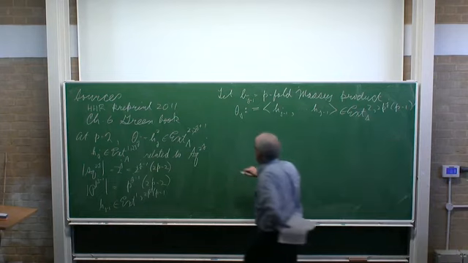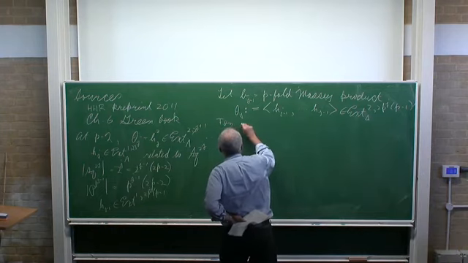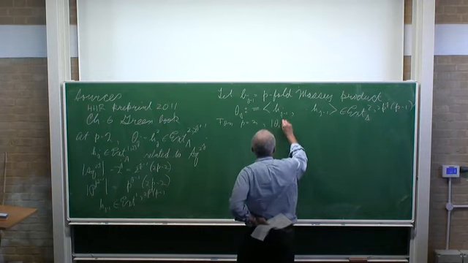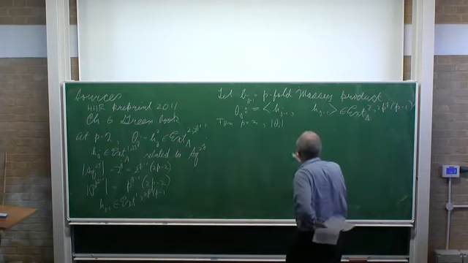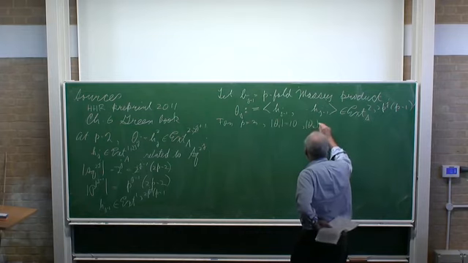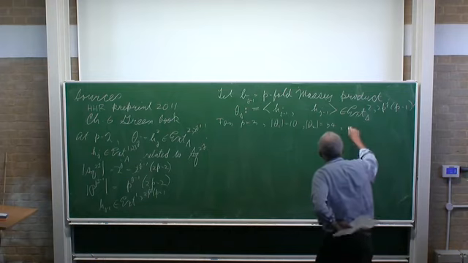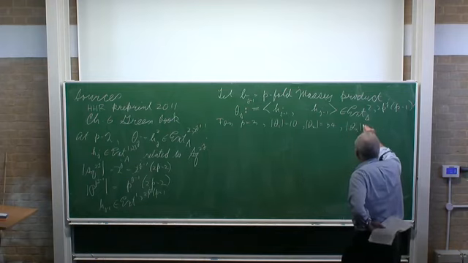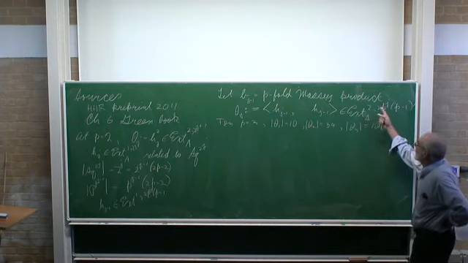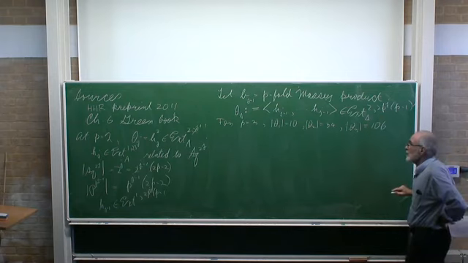Now, for p equals 3, the dimension of theta 1 works out to be 10. Theta 2 is 34. Theta 3 is 106. So in each case, I'm taking the difference of these 2 indices.